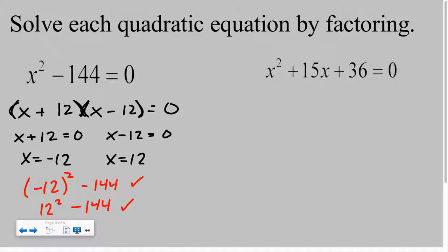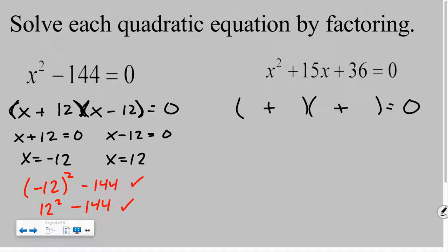Number 2, GCF. Do I have one there? Nope. Okay, and it's already set equal to 0. So then we're going to try and factor it as a binomial or a trinomial. Trinomial. So then we're going to go right to the parentheses. My signs, do I know what the signs will be? The same, and they're both going to be pluses.